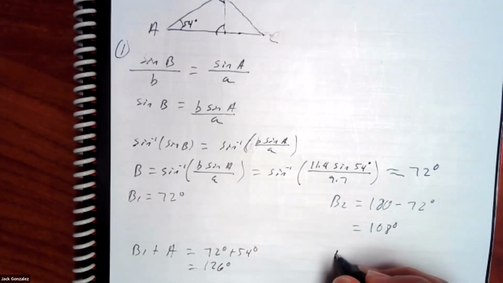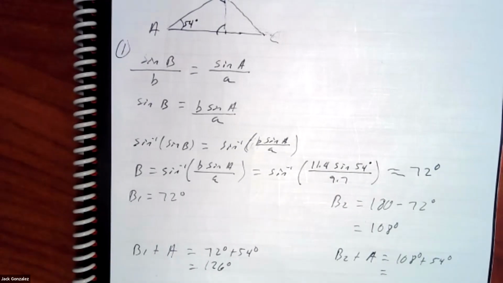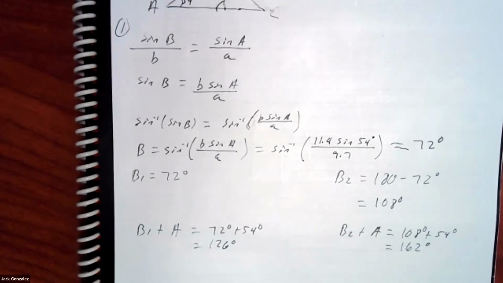And then we do B2 plus A, which is going to be 108 plus 54. So they're both below 180, right?